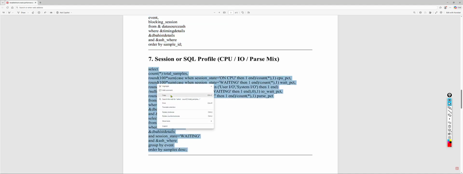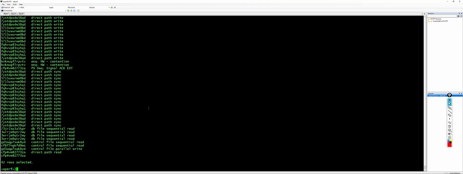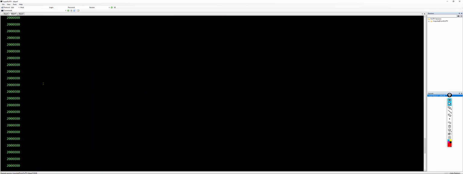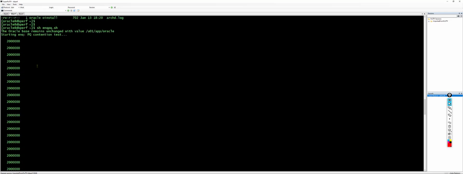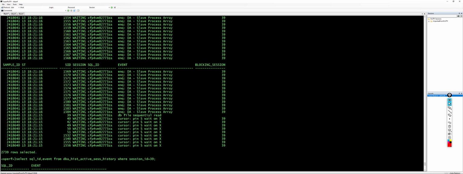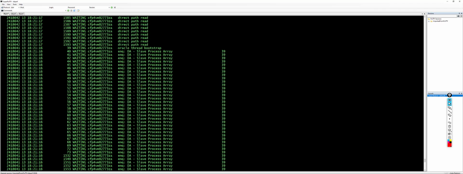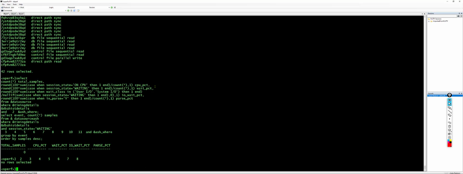For further action, we need to identify what exactly is happening. Here you can see all the sessions are executing multiple parallel queries, so obviously there will be slowness on the database. We need to identify why all these sessions are executing at the same time, and make sure the resources are sufficient to support the parallel consumption.